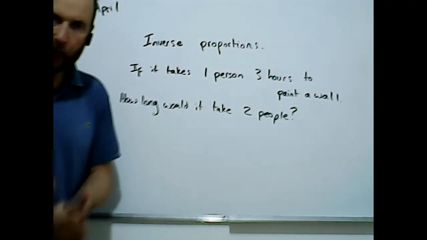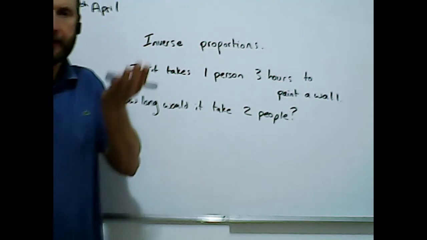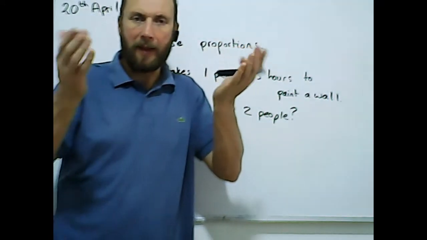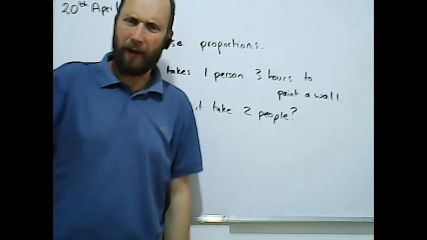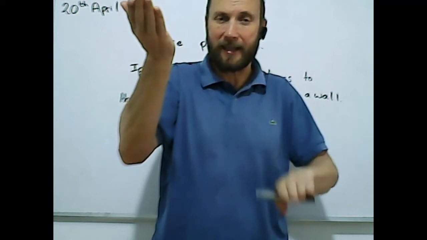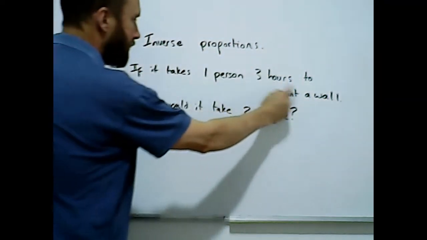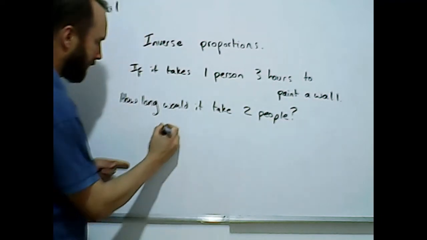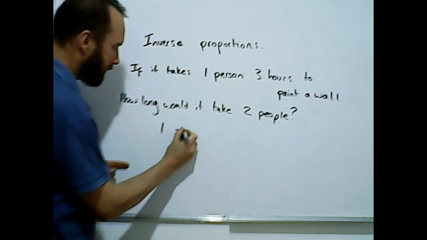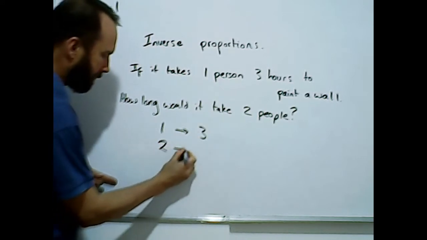It's still a proportion, but here, instead of one side going up and the other side going up, we have one side going up and the other side going down. Because if it takes one person 3 hours to paint a wall, 2 people will take less time.